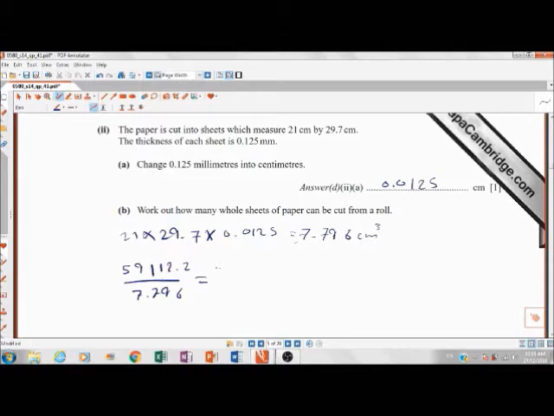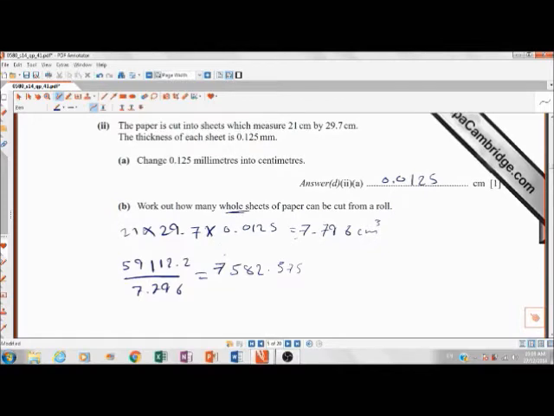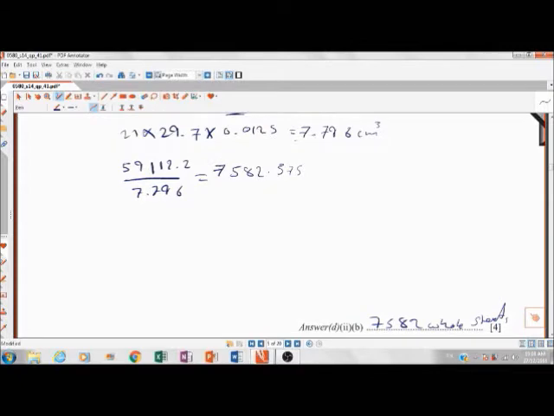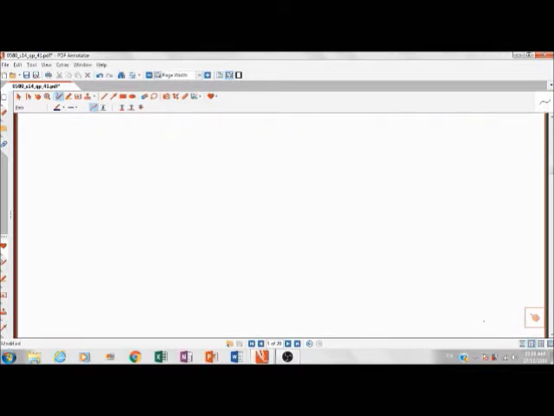You get 7,582.375. But then they want whole sheets, so just 7,582. Whole sheets. All right, done.